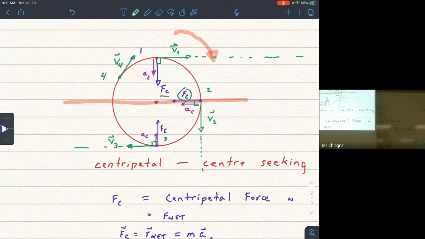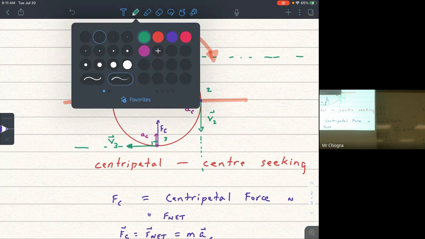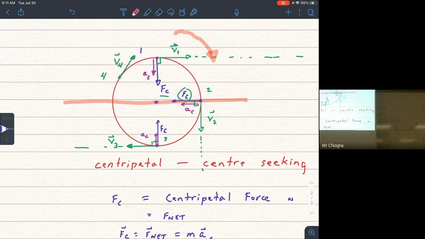If I were to draw the radius here, I'll draw it a different color. That's the radius. For a circle, the tangent is perpendicular. So the velocity is always perpendicular to the radius at that point.